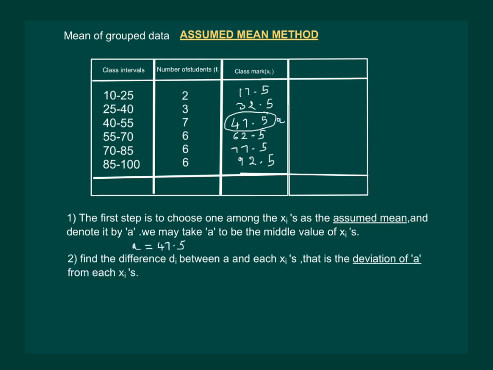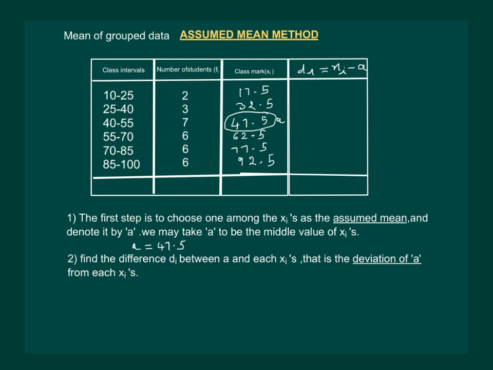Next step is to find the difference di between a and each xi. So that means di will be given by xi minus a, and it is called deviation of a from each xi.